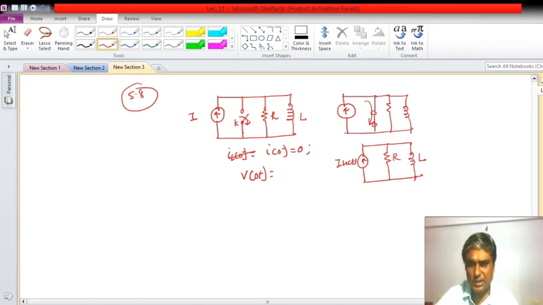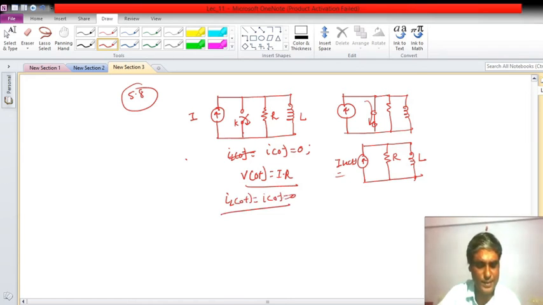So your V of 0 positive will be I into R, this magnitude into R. And the current through it, IL of 0 positive, as it satisfies the law of continuity, is the same as 0 negative, which is 0.